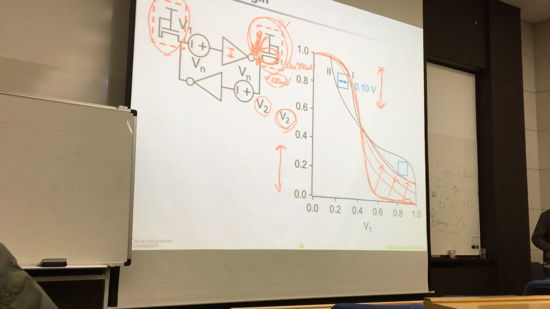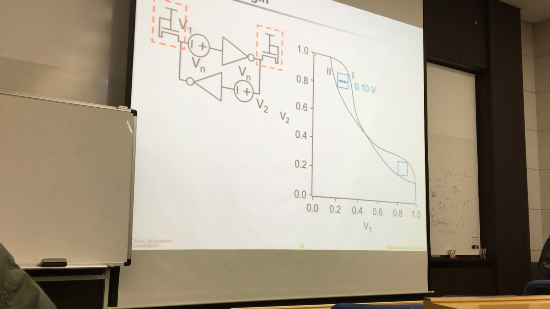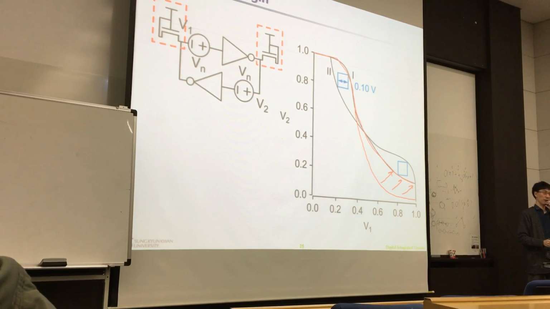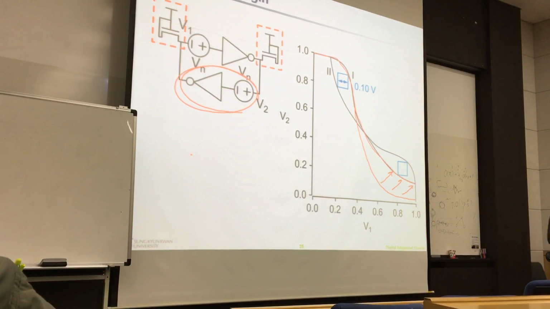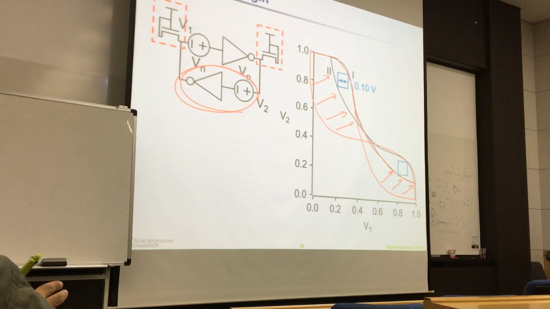That's why your VTC now looks like this instead of this. And the same way for the other inverter, you also originally had this, but now your VTC moves like this, right?